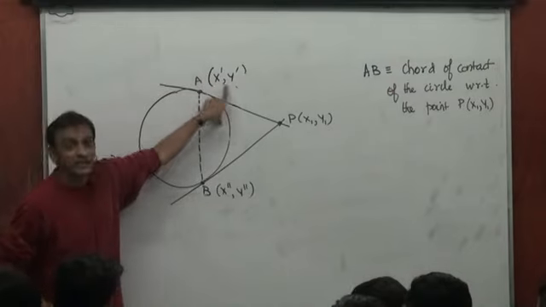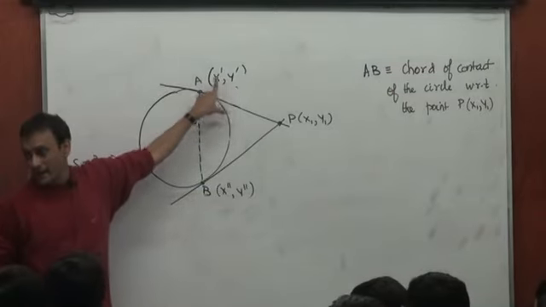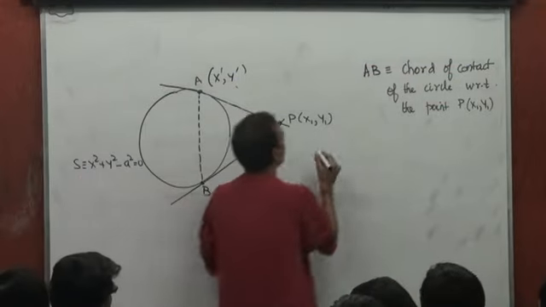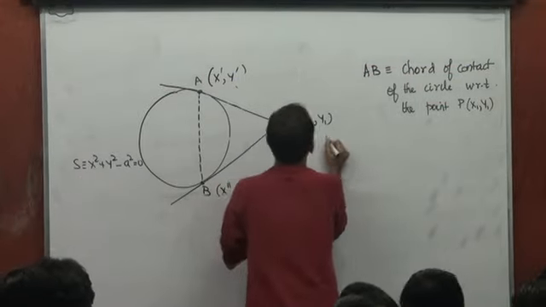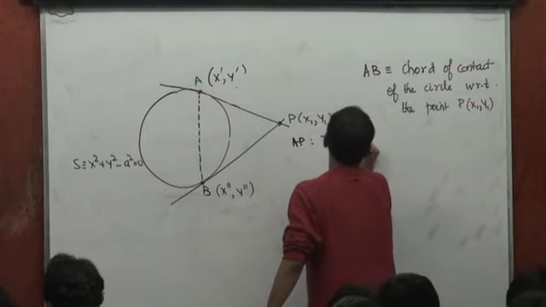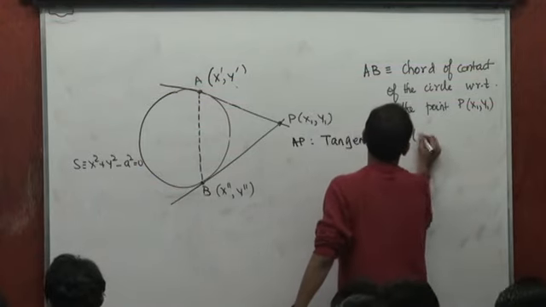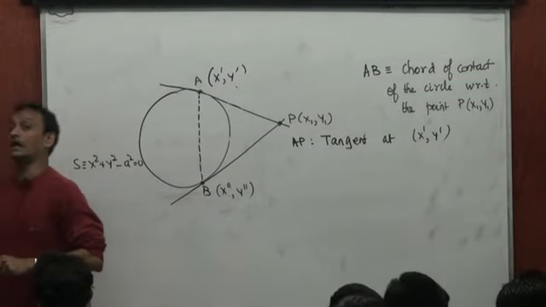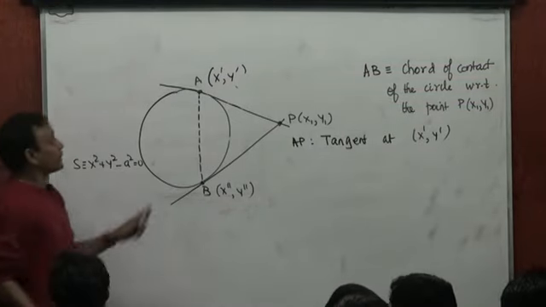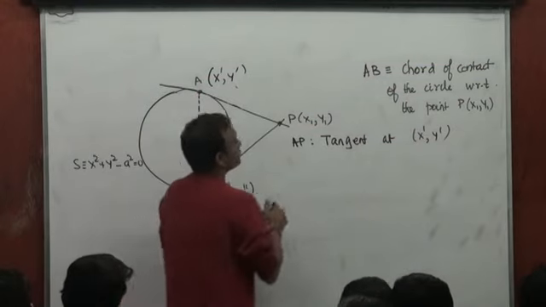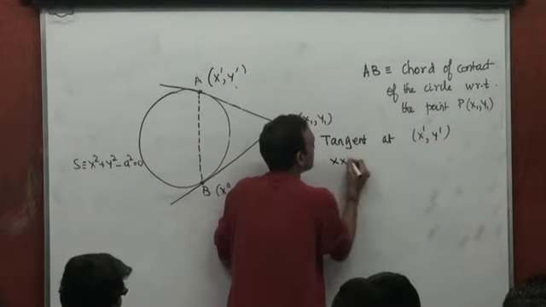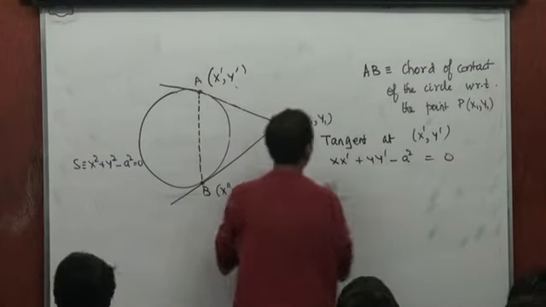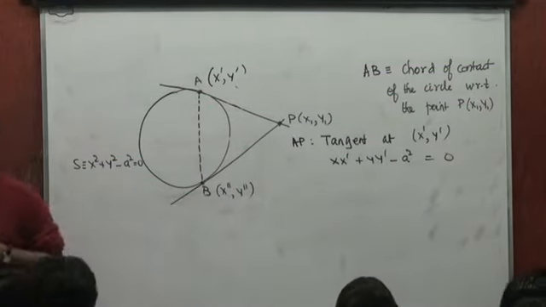AP is a tangent at x prime y prime, right? And like I've already told you, the equation of the tangent at x prime y prime is given by xx prime plus yy prime minus a squared equal to 0, which would be the equation of AP.